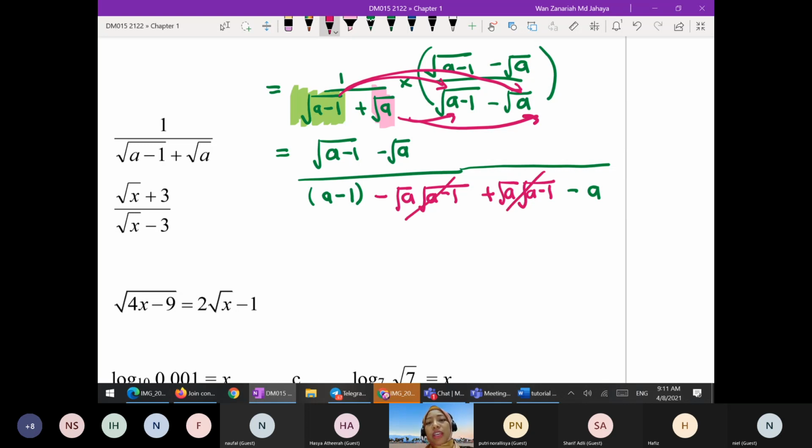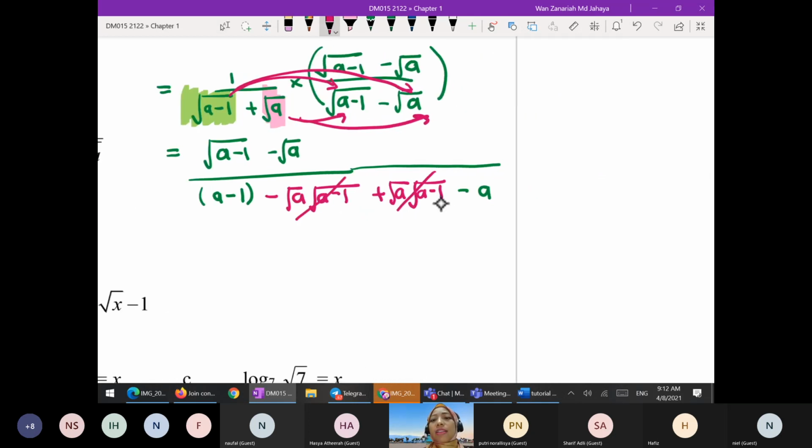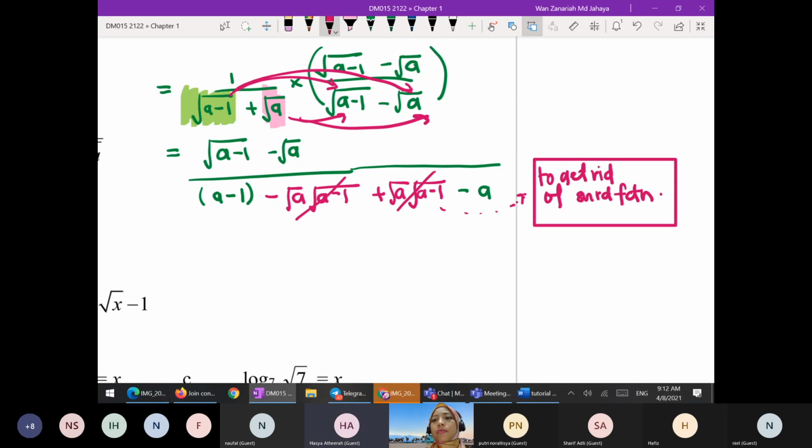Because the purpose of you conjugate this is to get rid of the set. Your purpose is to get rid of set function. Nampak tak kat situ you all? Nampak. So bila dah get rid of the set function, barulah A minus 1.